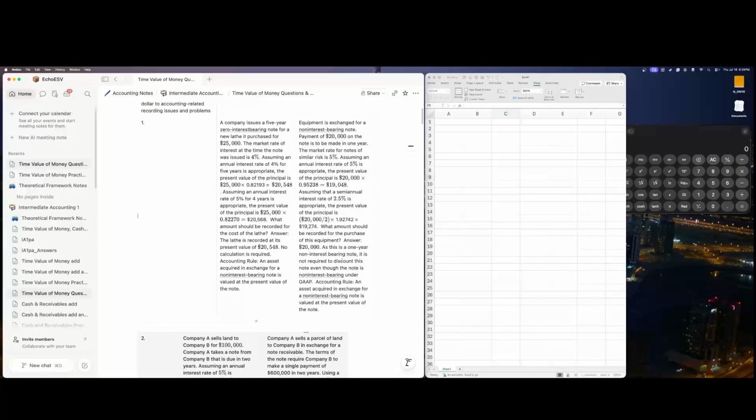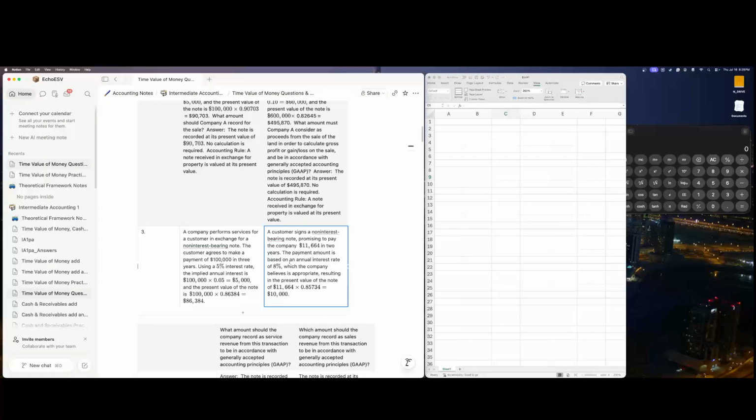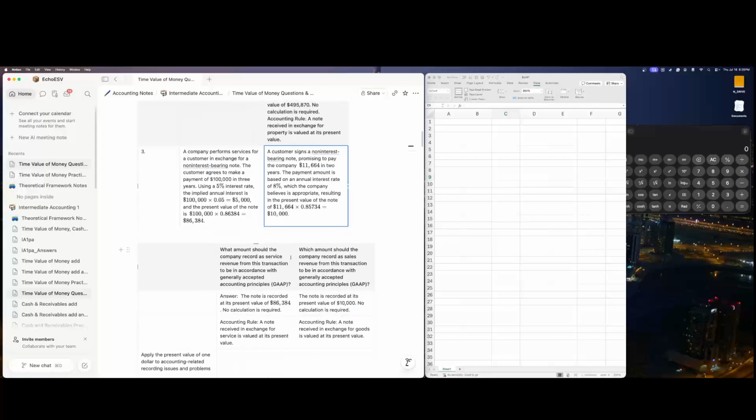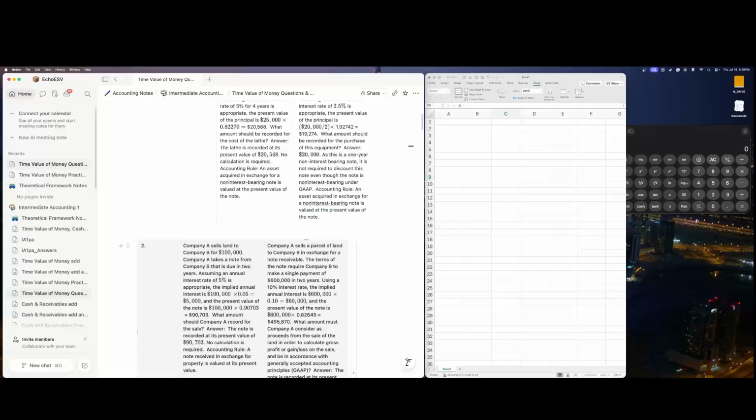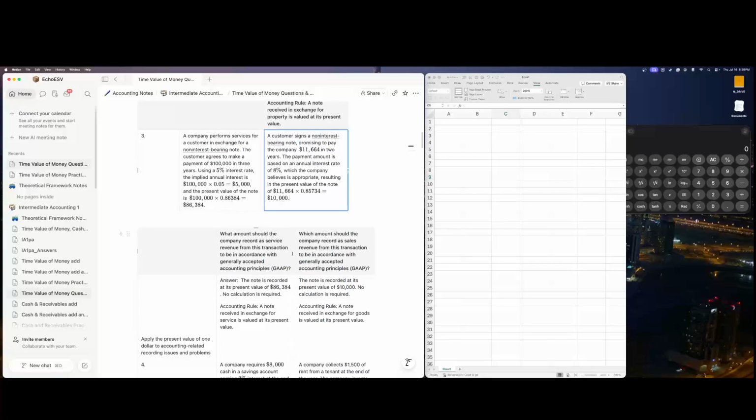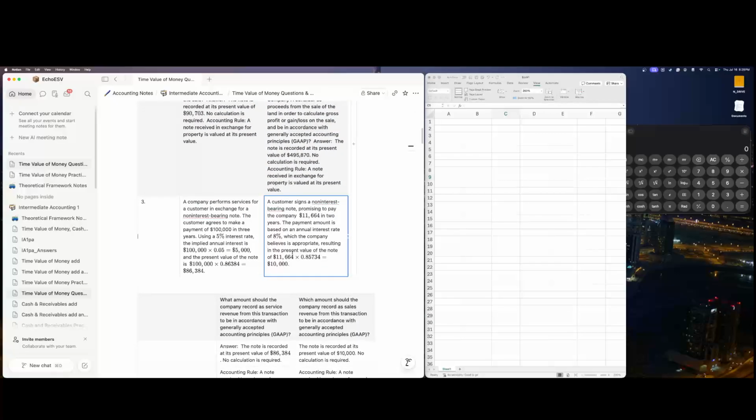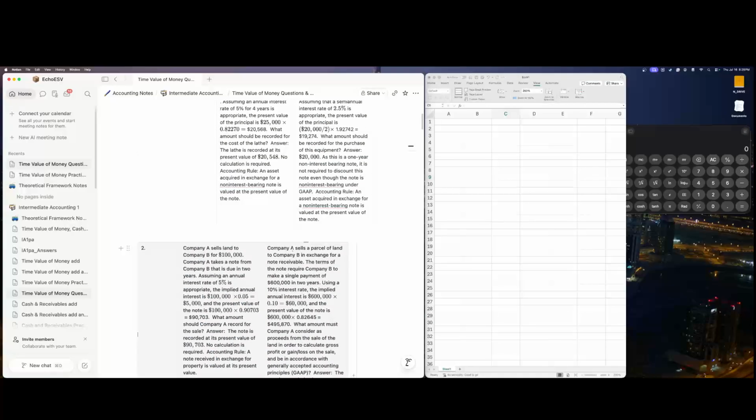As this is a 1-year non-interest bearing note. So an asset acquired in exchange for a non-interest bearing note. So if it's just an asset, I suppose that's just like a.